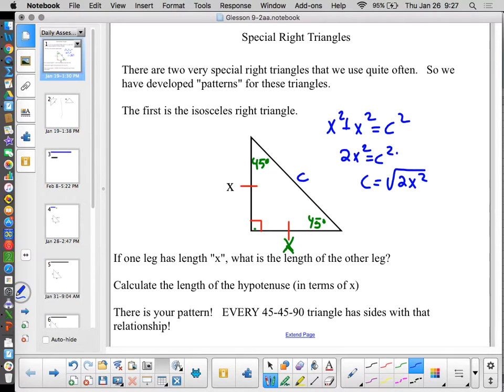But according to my rules of radicals, that's the square root of 2 times the square root of x squared. The square root of x squared is just x. So it's x times the square root of 2. And that's my pattern for the lengths of the sides. The legs are x. The hypotenuse is x times the square root of 2.